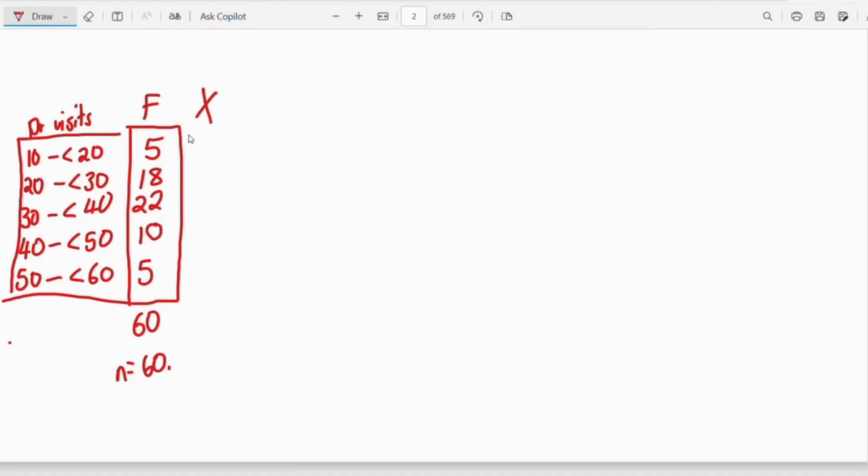So x is the midpoint of this particular interval. So you can say here 10 plus 20 gives you 30, divided by 2 is 15. For all of them, you can continue.